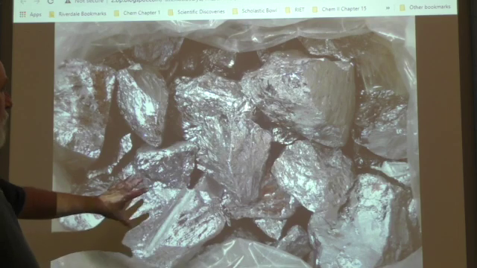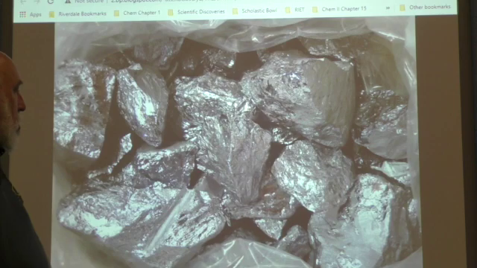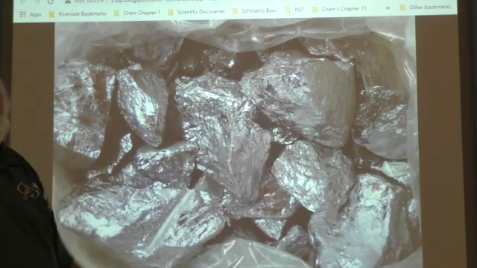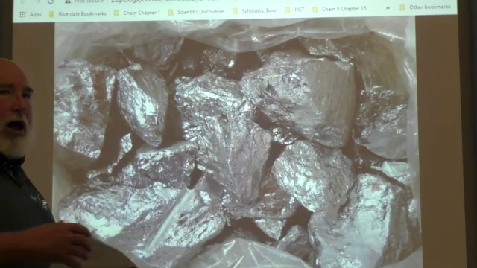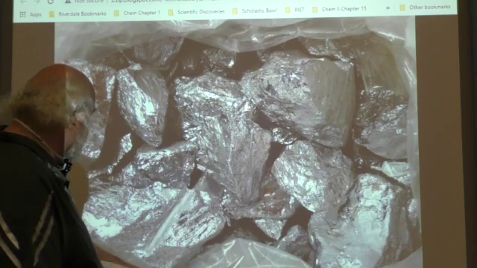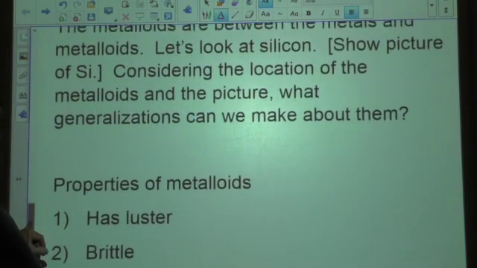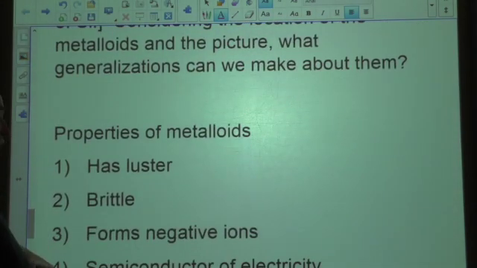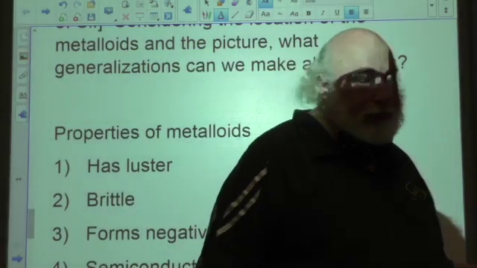In fact, we find that metalloids are lustrous like metals, but if you were to throw it against the wall, it would crumble. So it is metallic-like in color. It is nonmetallic-like in being brittle. It turns out that it forms negative ions, like it was a nonmetal.